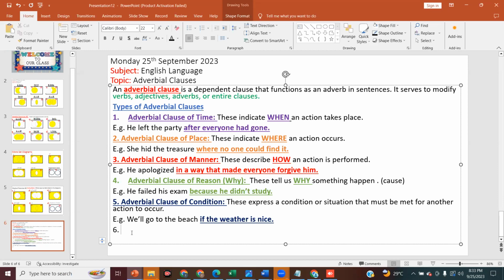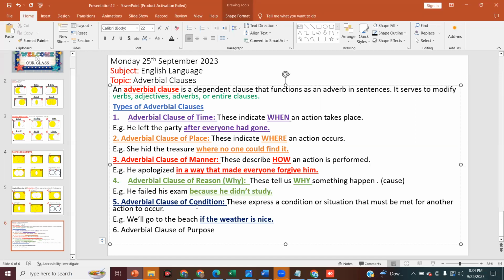There are two more I want to give you all, and then we'll go to the exercise. Just two more. We have the adverbial clause of purpose. Please do not confuse this one with adverbial clause of reason. For reason, we're asking what caused something to happen.